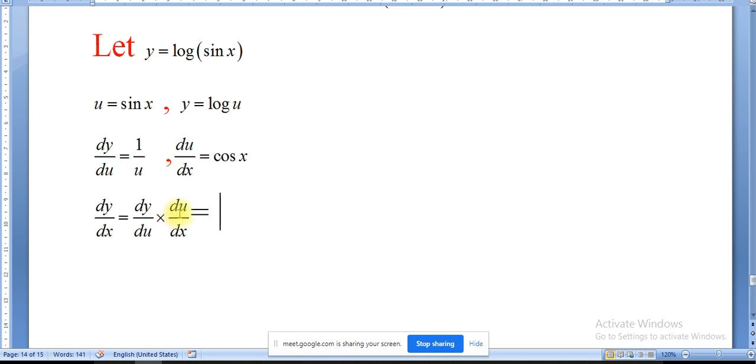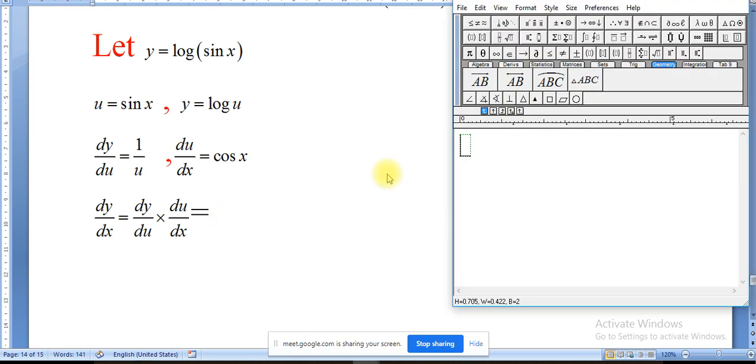So it is equal to, first we write the value of dy by du, which is 1 upon u, and we multiply it with du by dx, that is cos x.